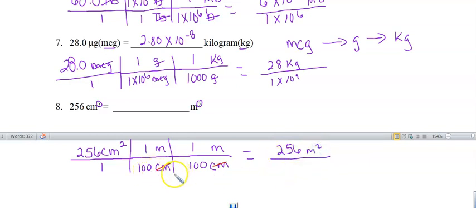And then it's 100 times 100. A lot of times students will add those. 100 times 100, and so you're going to get 4 zeros, 10,000. And then we're going to divide, and if we divide these out, we get 0.0256, or you could put it in scientific notation of 2.56 times 10 to the negative 2nd power.